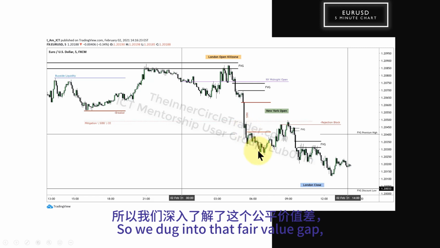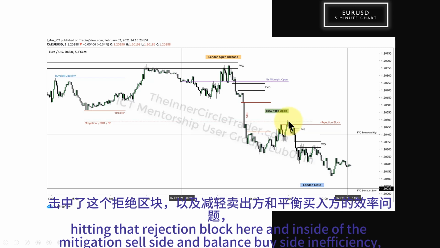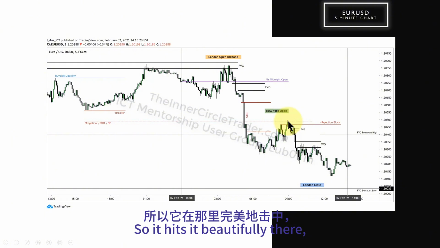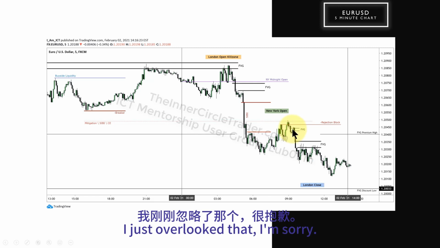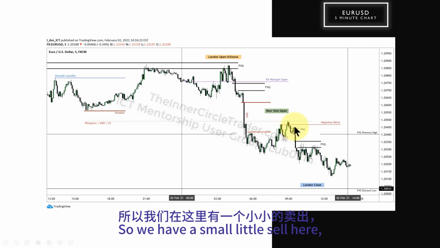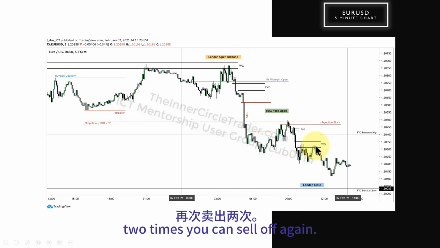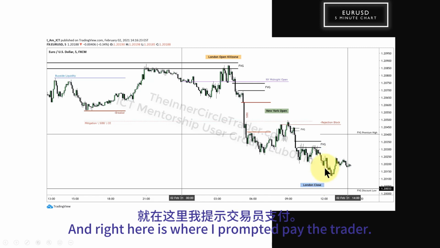We dug into that fair value gap, traded one more time in New York, hitting that rejection block here and inside of the mitigation sell side imbalance, buy side inefficiency, consequent encroachment. It hits it beautifully there, sells off, another fair value gap in here, a smaller one I just overlooked, I'm sorry. So we have a small sell here, continues lower, you can sell off again, and here's the end of London close, and right here is where I prompted pay the trader.